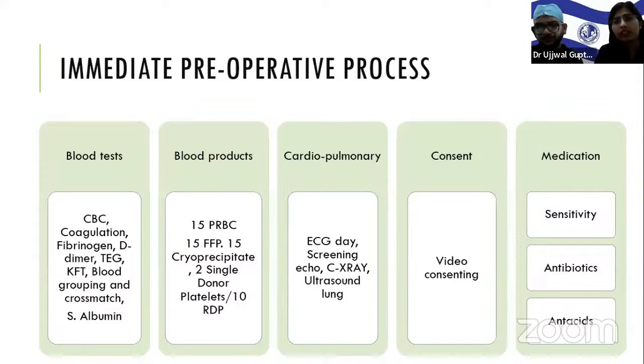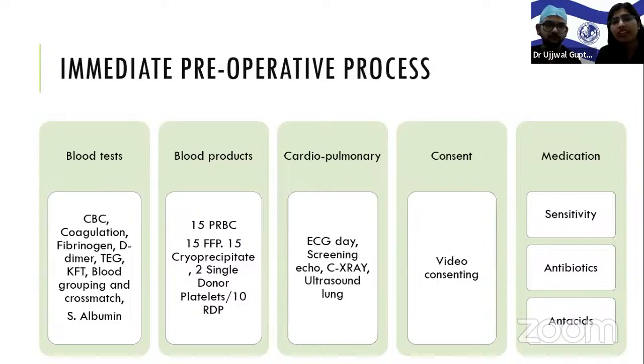So what is the immediate pre-op investigation that you would like done in this case? Yes, ma'am. In immediate preoperative processes, we do blood tests including complete blood count and coagulation profile like activated thromboplastin time, prothrombin time, D-dimer, fibrinogen, and thromboelastography, and kidney function test, blood grouping and cross matching, and serum albumin.